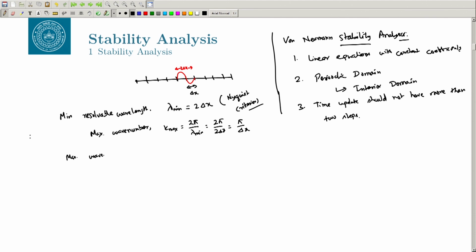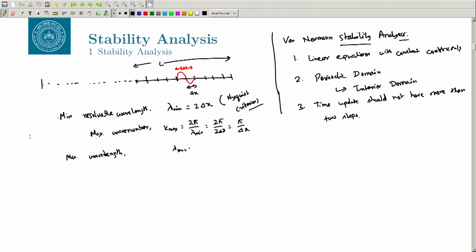The maximum wavelength that you can resolve, that will be lambda max, and if the domain size, let us say, is L, and because we are considering it to be a periodic domain, you can extend it by minus L on this side.